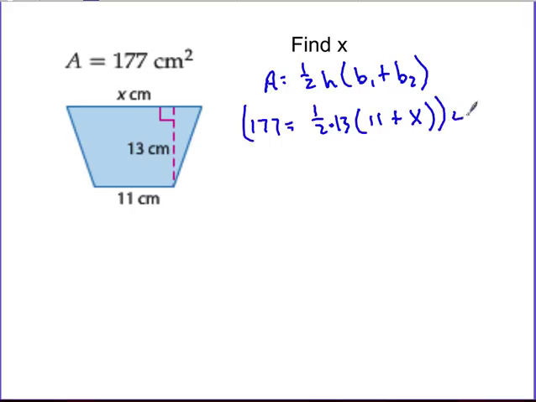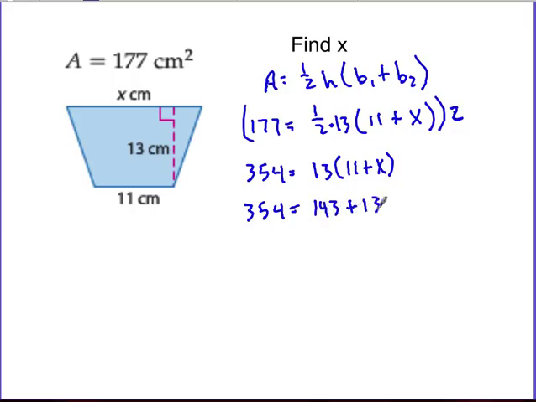I want to multiply by 2 to get rid of the fraction. So that's going to be 354 equals 13 times 11 plus x. Now just solve for x. 354 equals 13 times 11 is 143 plus 13x.